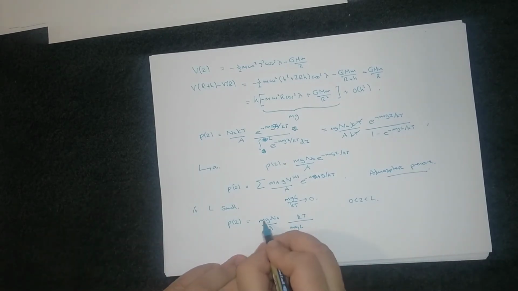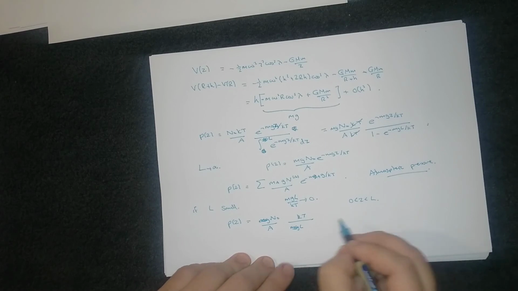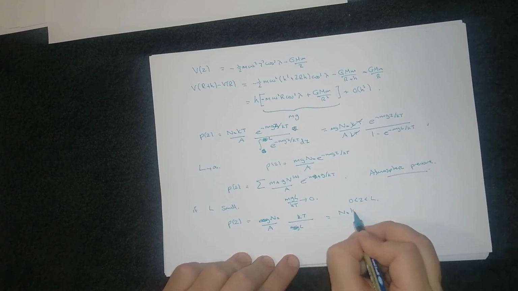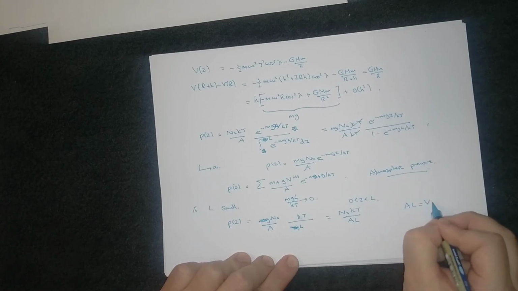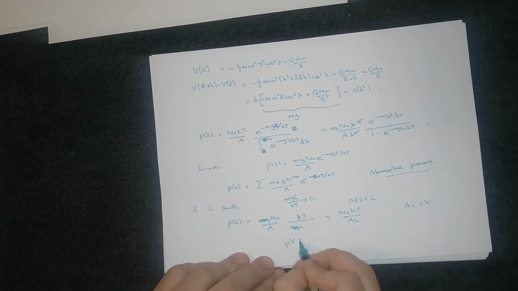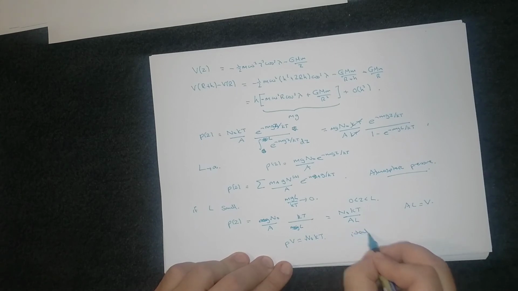So the mg's cancel off. That's N0 kT over AL. But what is AL? That's just the volume. So we have PV is N0 kT, and that's the ideal gas law.